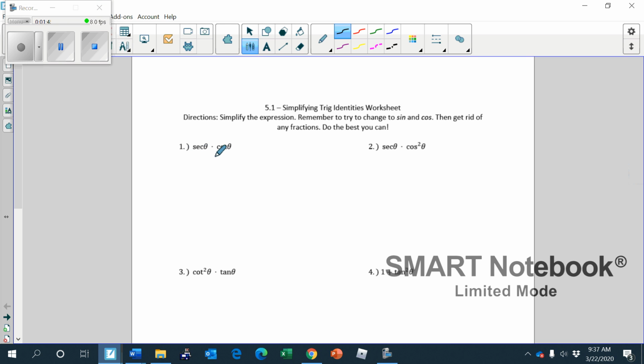It says secant. We know that secant deals with cosine, so we're going to write secant as the reciprocal of cosine: 1 over cosine. Don't mind my writing.